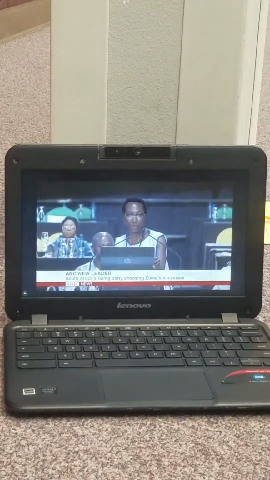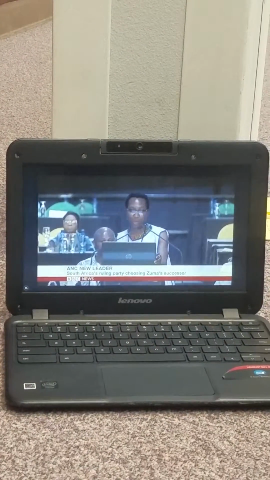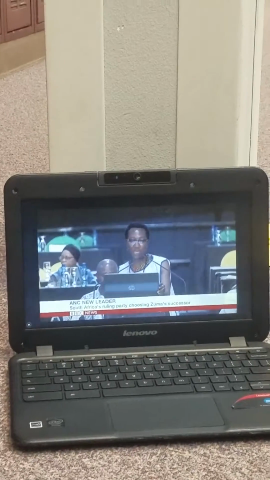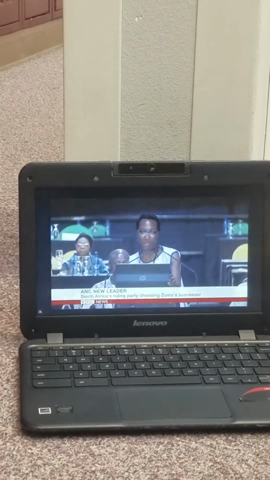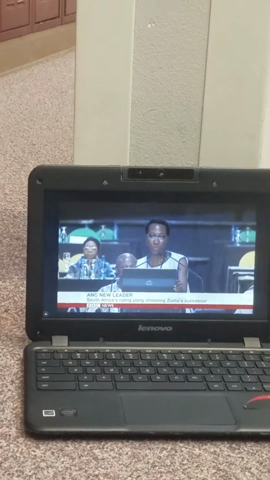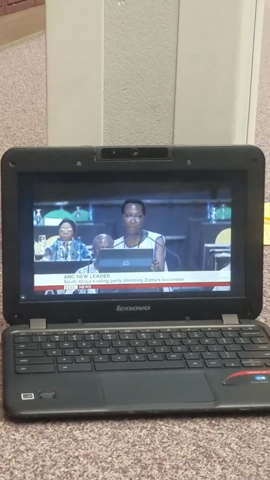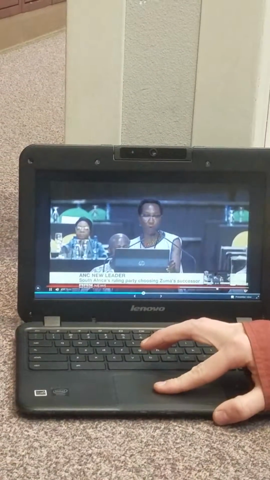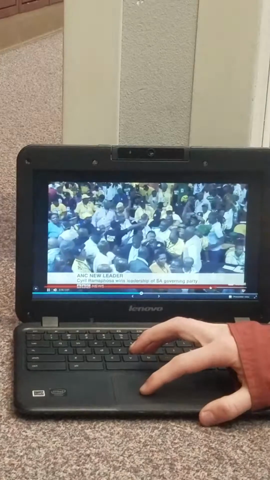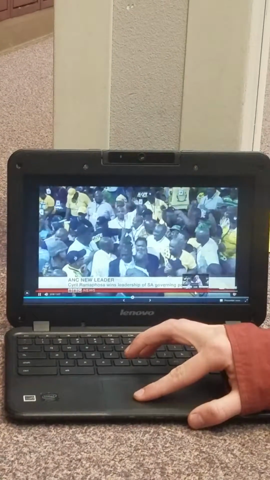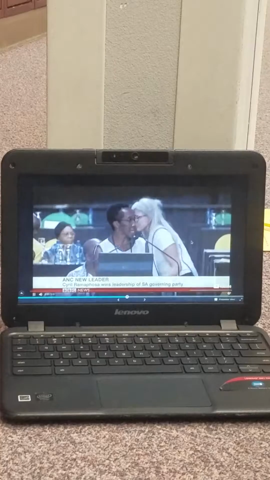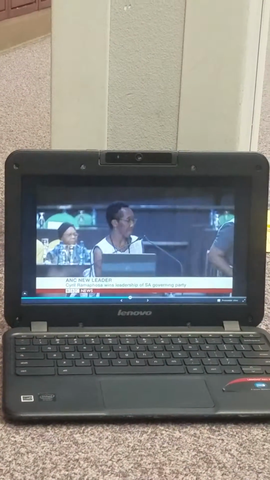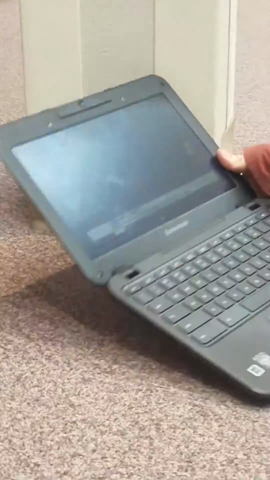And the distribution of votes is as follows. Comrade Nkosazana Dlamini Zuma received 2261 votes. And here it is. Cyril Ramaphosa to come to the stage, please. Cyril Ramaphosa is the new president of South Africa.